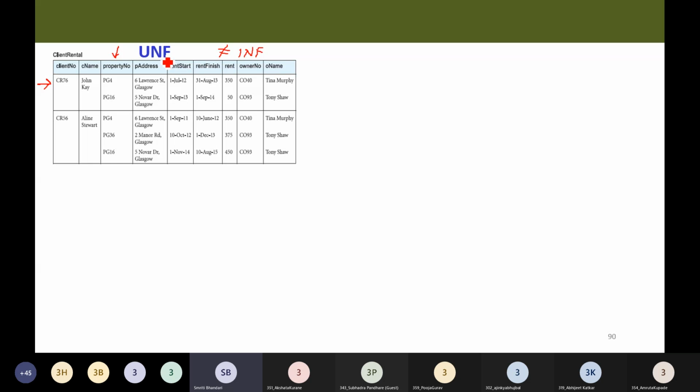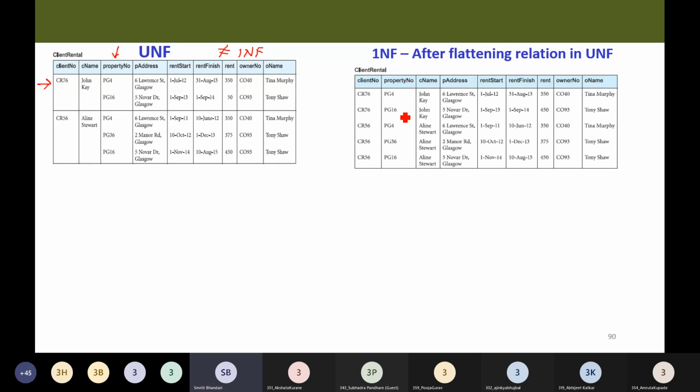So what needs to be done? We need to convert this relation in UNF to a relation in 1NF. We have seen a few approaches for this conversion. If we apply the flattening of the relation, then we may come up with the relation in 1NF. We have seen this earlier.